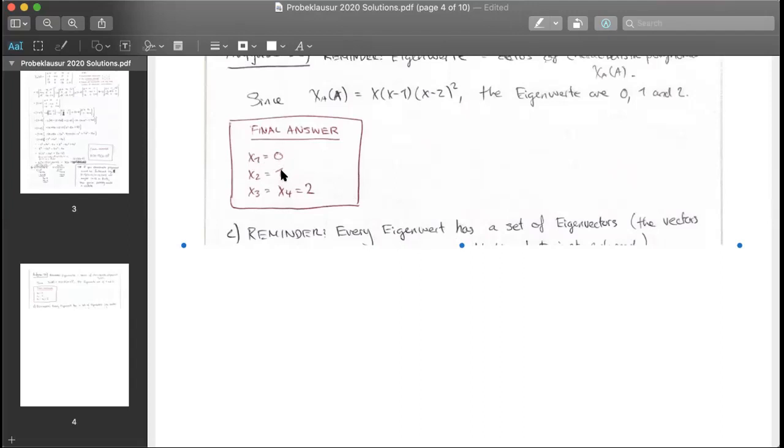There's another group of eigenvectors that belong to eigenvalue 1, and the eigenvectors that belong to eigenvalue 1 are the eigenvectors that are multiplied by 1 when they get multiplied with a matrix. The eigenvectors that belong to eigenvalue 2 are the vectors that get doubled in size when you multiply them with the matrix A.